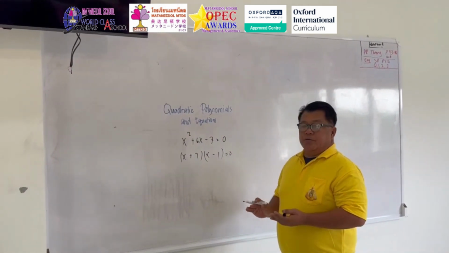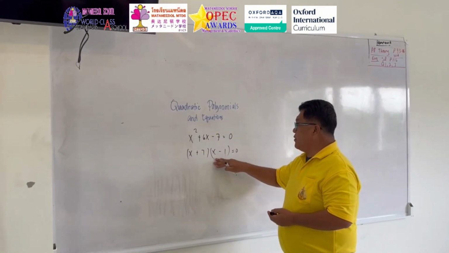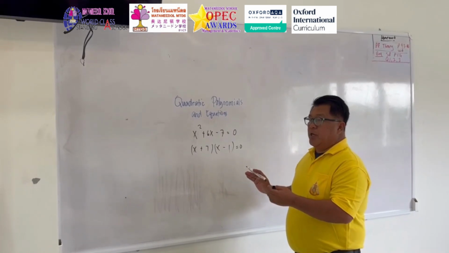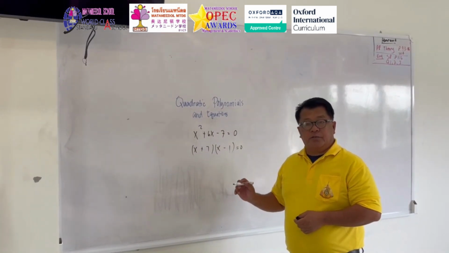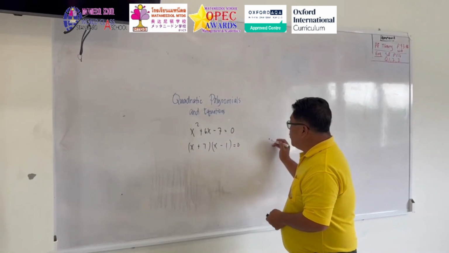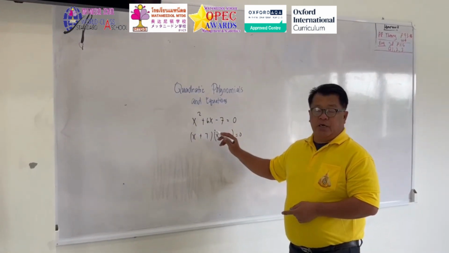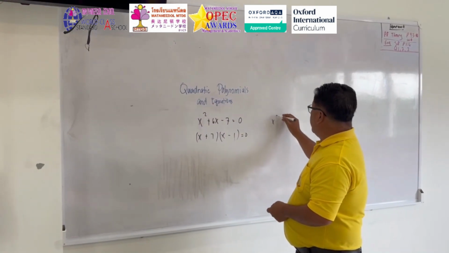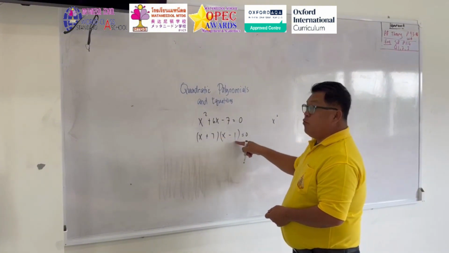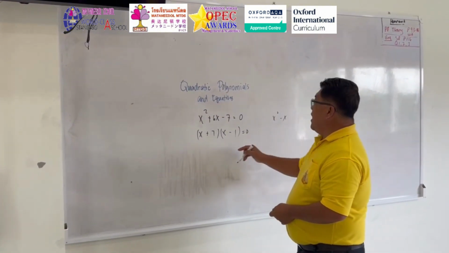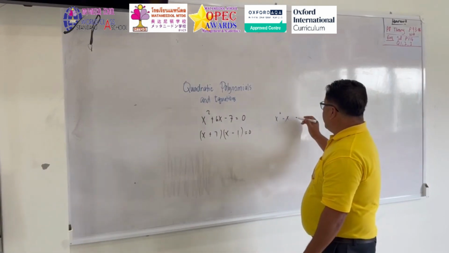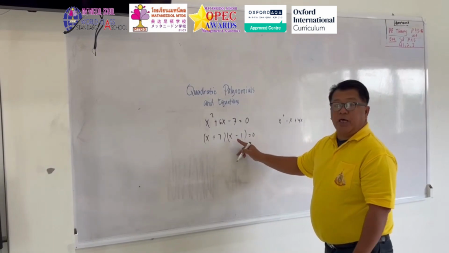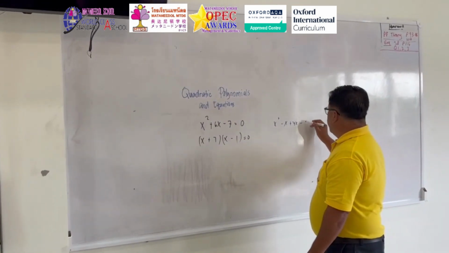If you have a doubt about this factorization that we made, you can check your answer by means of distributive property and multiplication, so that you can find out the output is the same as the given equation. So simply multiply x to this side, we have x squared, and x to negative 1, we have negative x, and 7 times x, we have positive 7x, 7 times negative 1, we have negative 7.